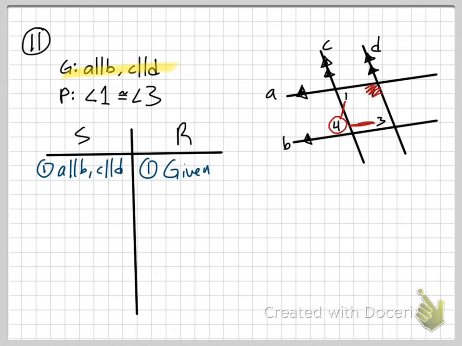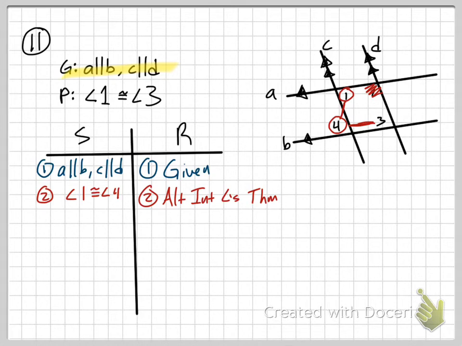One of the things that I see, and I hope you're seeing this as well, is that angles 1 and 4, the connection between those is that they are alternate interior. So we know that angles 1 and 4 are congruent because of our alternate interior angle theorem. So we've connected the bridge between 1 and 4.